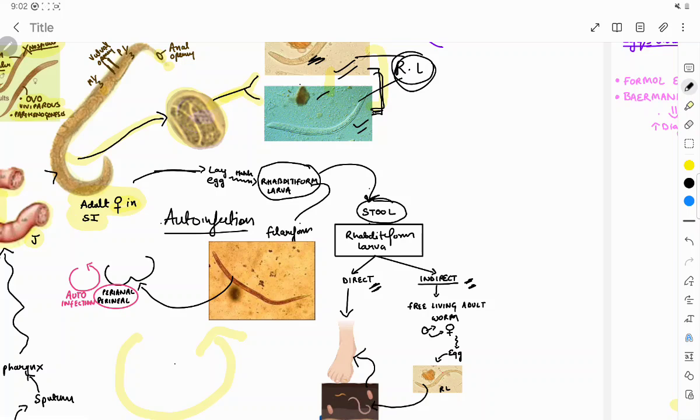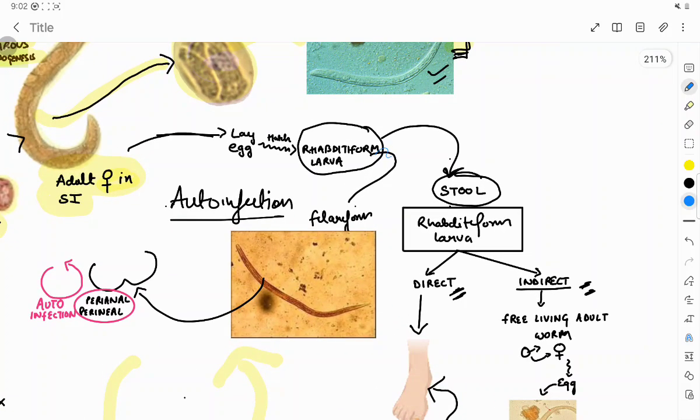Next thing we need to know, which is really special about this worm, is that the rhabditiform larva, while passing through our stool, also changes into filariform larva, and this filariform larva you see in this image is going to penetrate the perianal and the perineal skin while passing in the stool and set up a cycle of autoinfection.